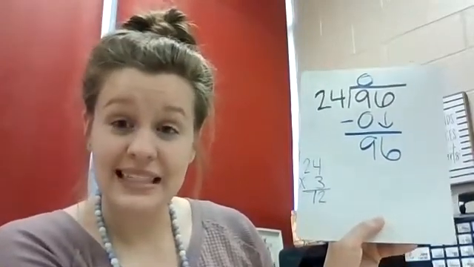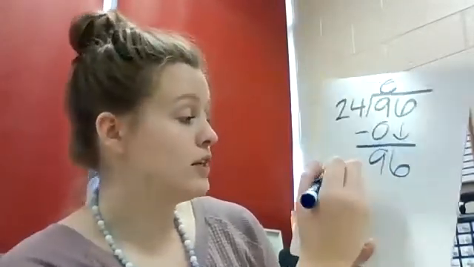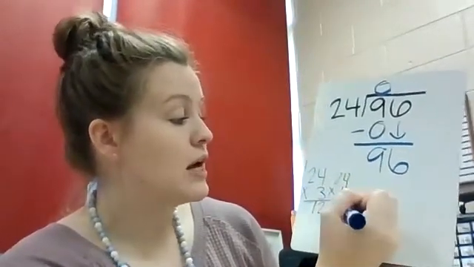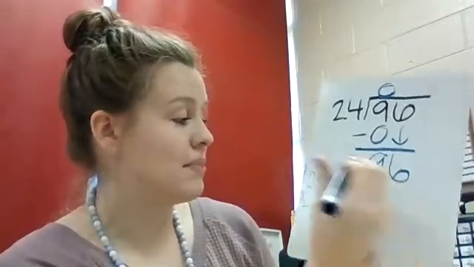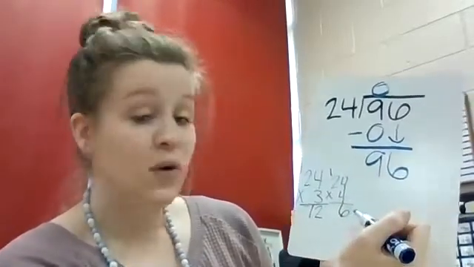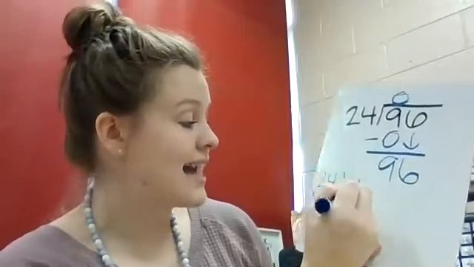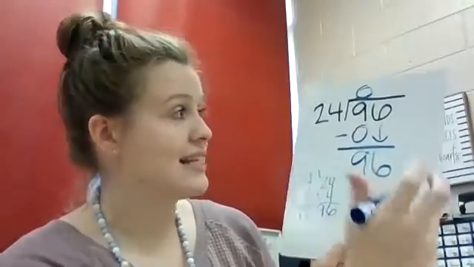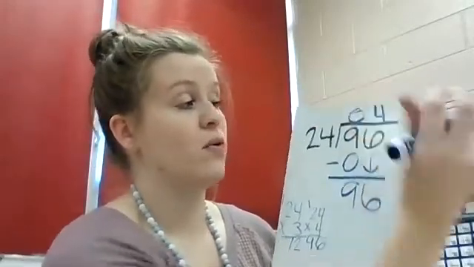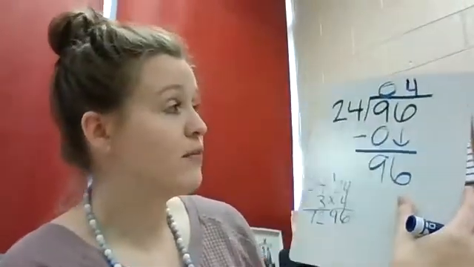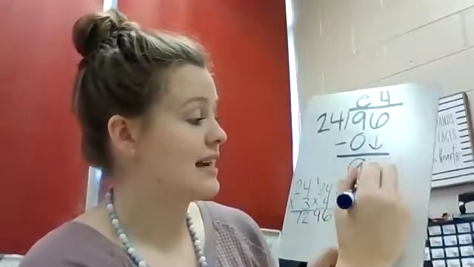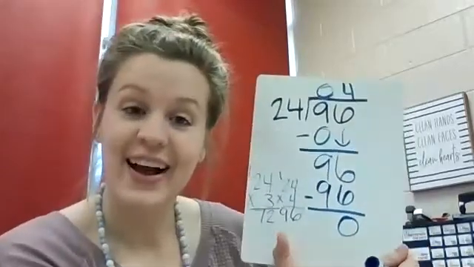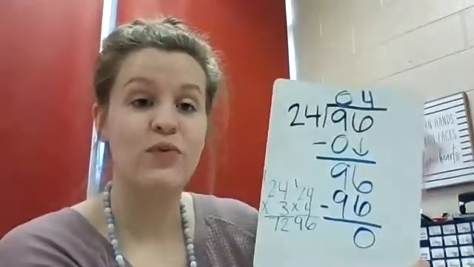I'm still not to 96, so I'm going to try one more time by going up to 4. 24 times 4. 4 times 4 is 16, so I drop a 6, carry a 1. 4 times 2 is 8, plus 1 is 9. I found 96. So 24 went into 96 4 times, so my 4 goes up top, and 4 times 24 was 96, so I can subtract and get an answer of 0. So my answer is just 4.